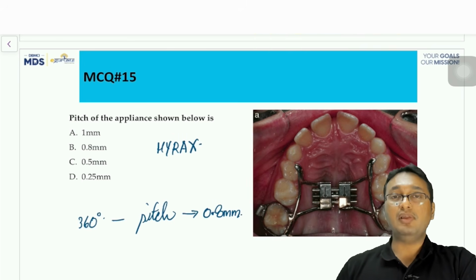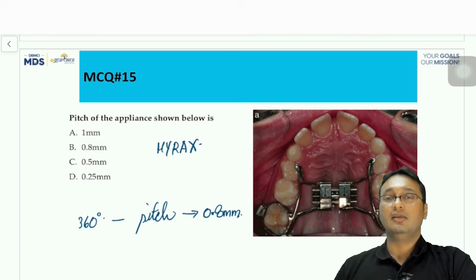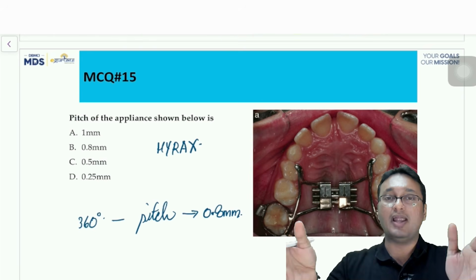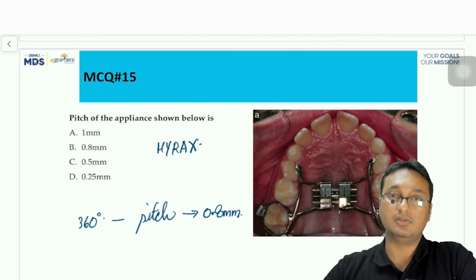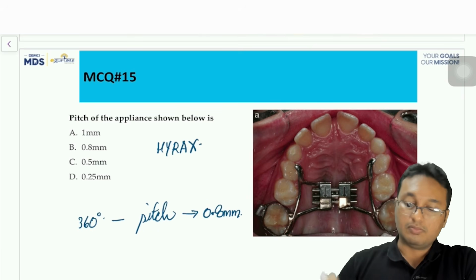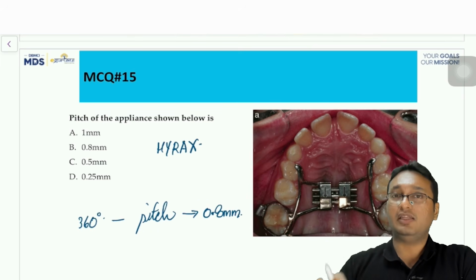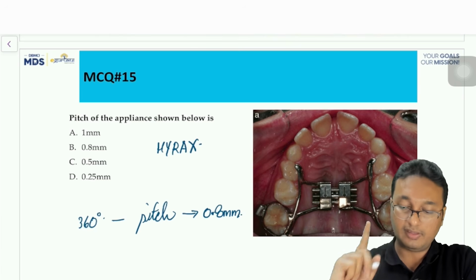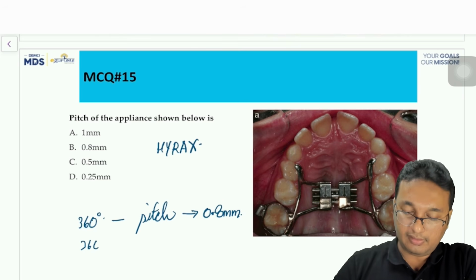Upon a full activation of 360 degrees, the maxilla is going to separate, expanding by 0.8 millimeter. But we do a 90-degree activation at one time. So how much activation are we doing at a single rotation? 360 degrees divided by 4 is 90 degrees.